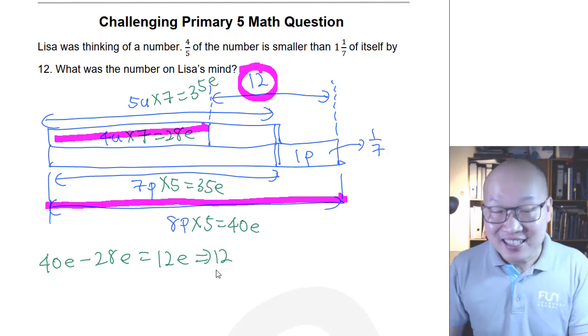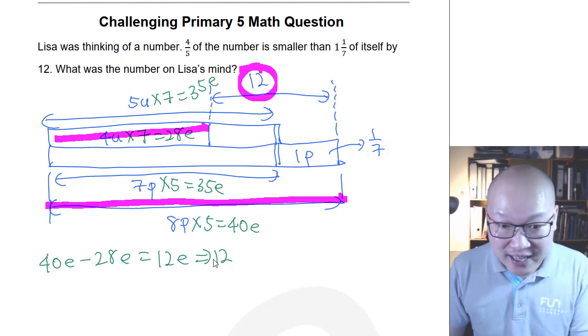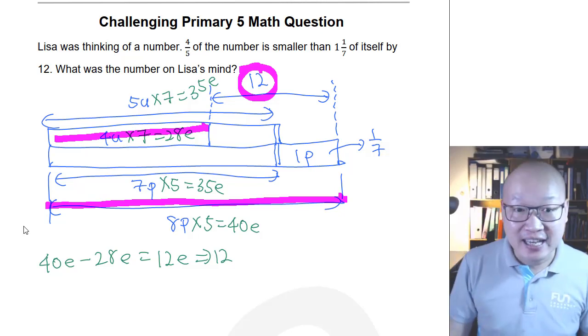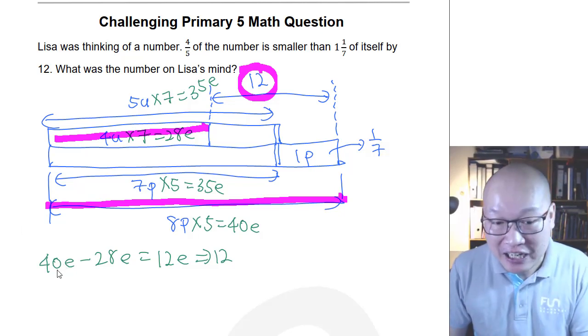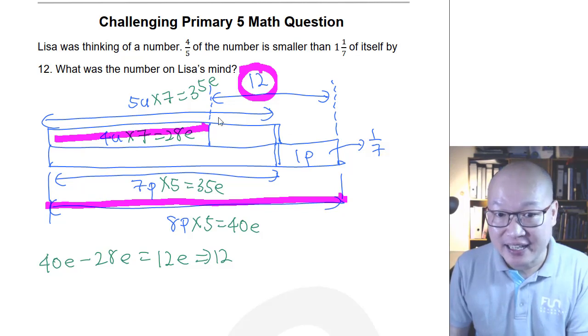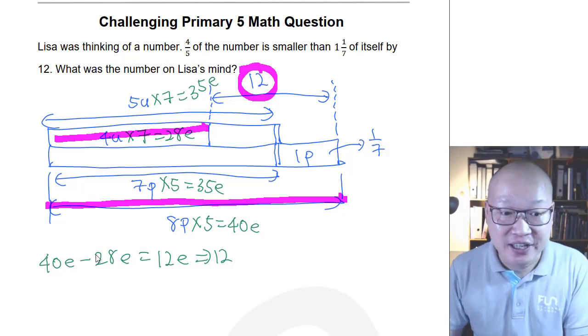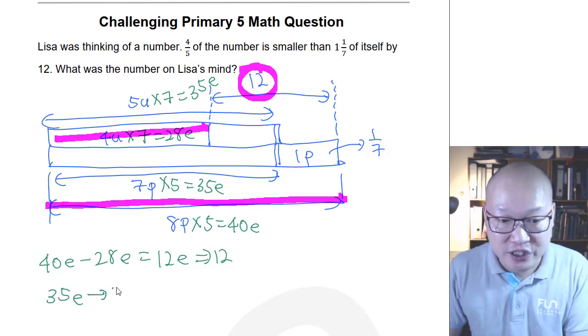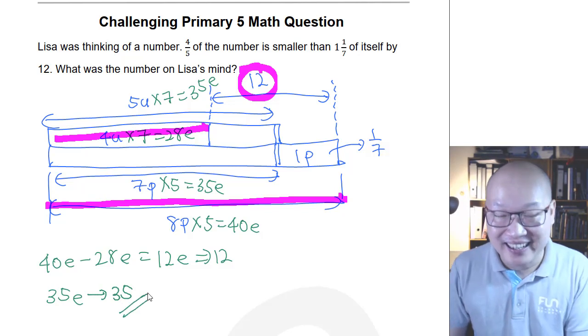Bingo! That's the way to solve it, right? 12 sets represent 12, so 1 set represents 1. So in this case, what was the number on Lisa's mind? The full number, as you can see, is represented by 35 sets, and therefore it's going to be 35, because 35 sets represents 35, and that's it.